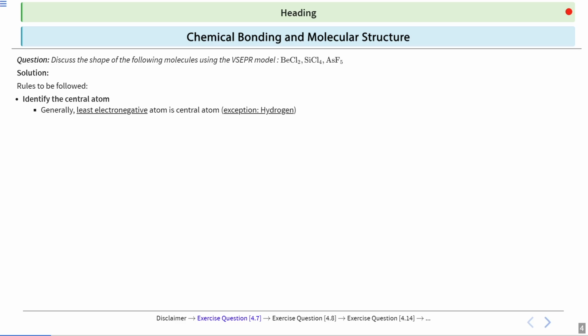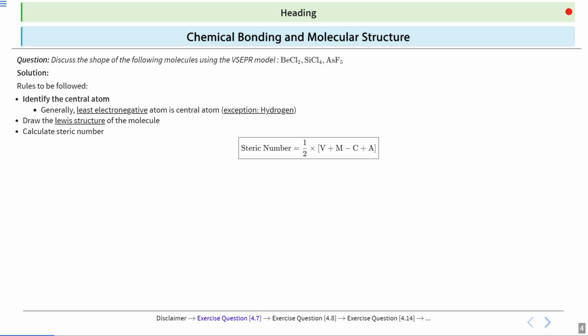If the less electronegative element is hydrogen, then you will take it as a surrounding atom. Apart from this case, whenever you see a less electronegative element, remember that you will put it as the central atom. Second would be drawing the Lewis structure of the molecule. Then the third step is calculating the steric number.